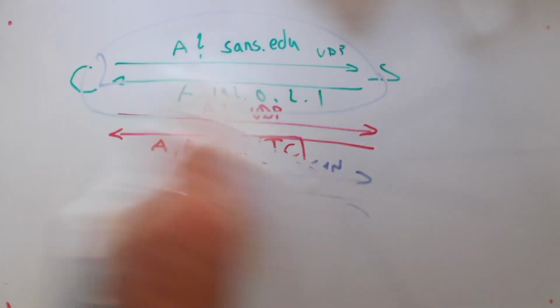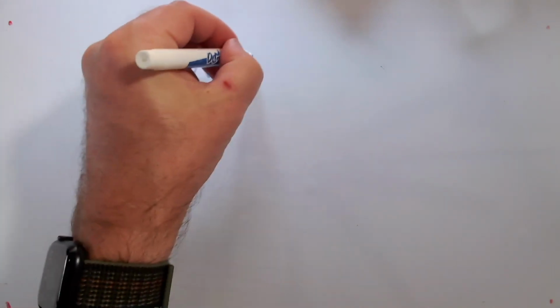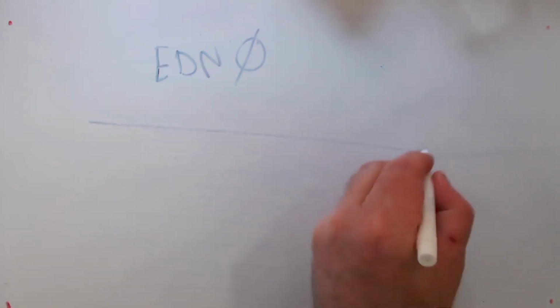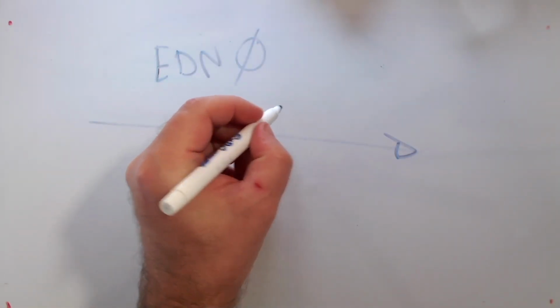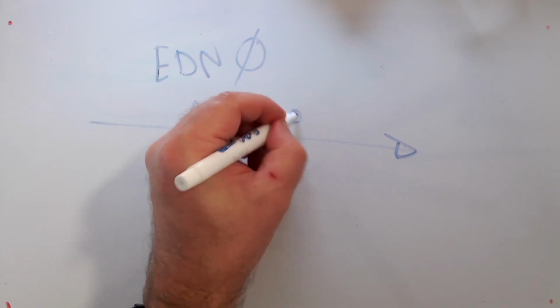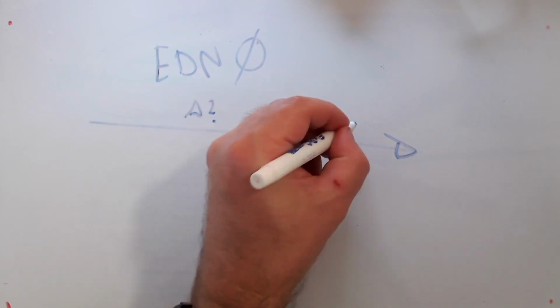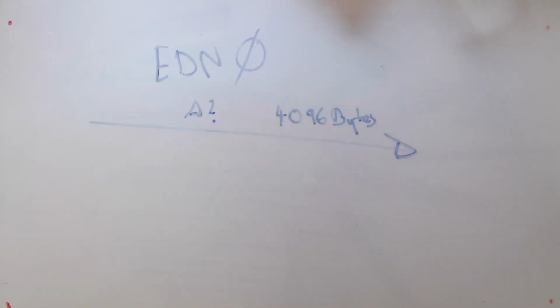So to prevent this, we introduced EDNS, extended DNS option 0. And what this is, as I'm sending my query here, I'm including an option that says, hey, you can actually send me 4 kilobytes as a UDP response, and that's actually a quite common number.